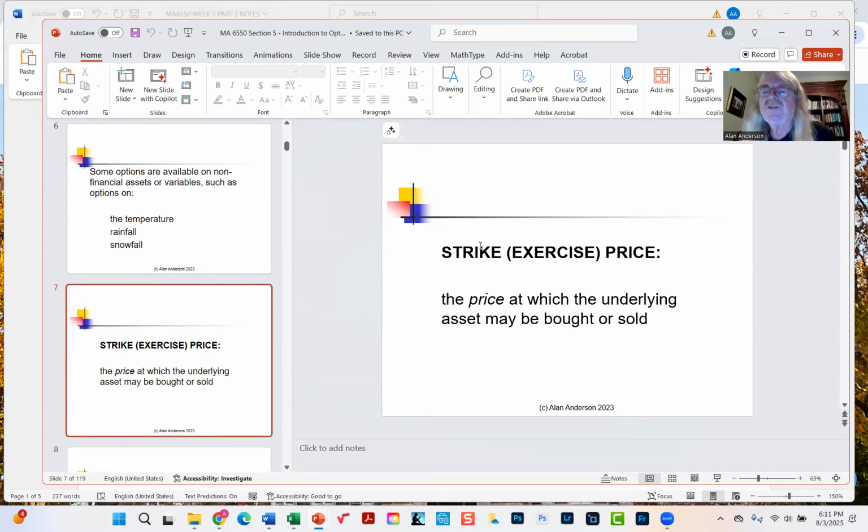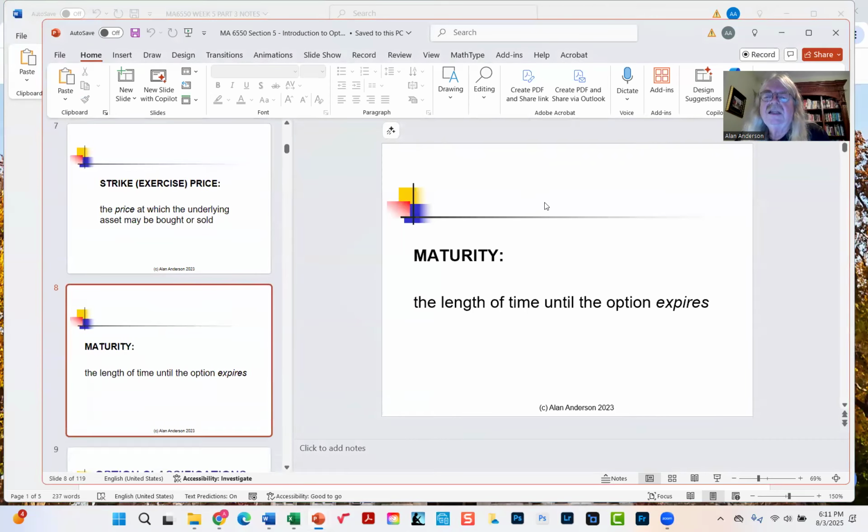Now, the strike or exercise price is the price at which you're allowed to buy or sell the underlying asset. Remember, with forward contracts, the price was called the forward or delivery price. With the futures contract, the price was the futures price, but here it's called a strike or exercise price. Then the maturity. All derivatives have some maturity date.